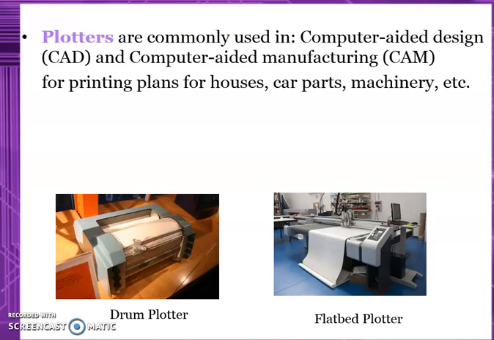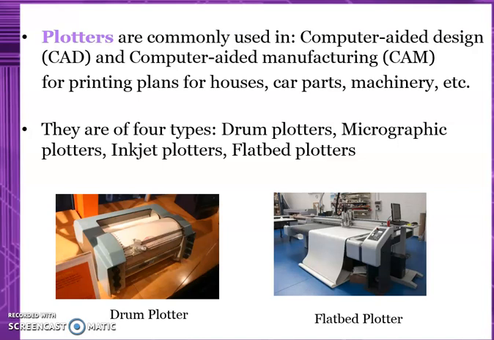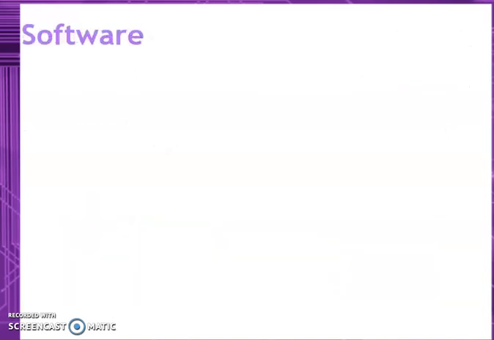Plotters are commonly used in computer-aided design and computer-aided manufacturing for printing the plans of houses, car parts, machinery, and different industrial organizations. Then there are 4 types: drum plotters, micrographic plotters, inkjet plotters, and flatbed plotters. This is your choice, what you choose depends on what you want to print out. And this is all about hardware.